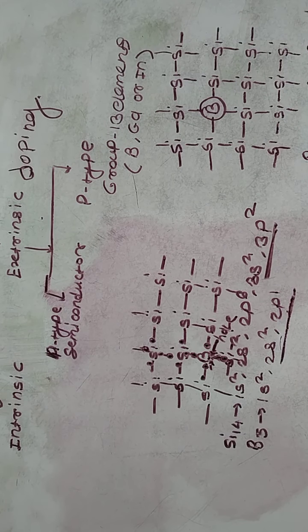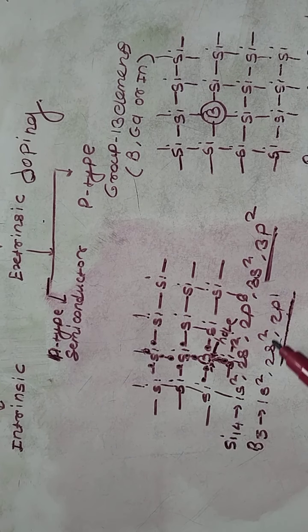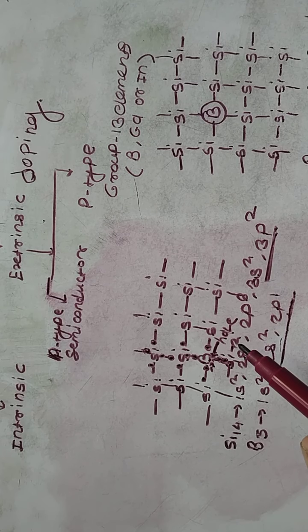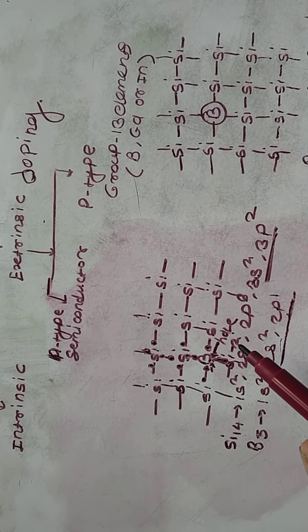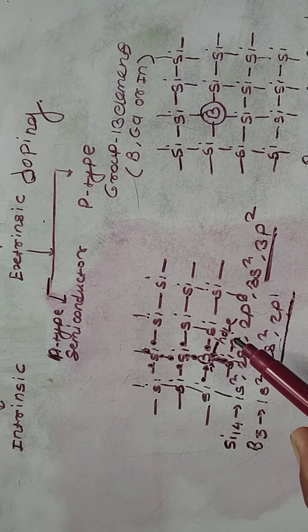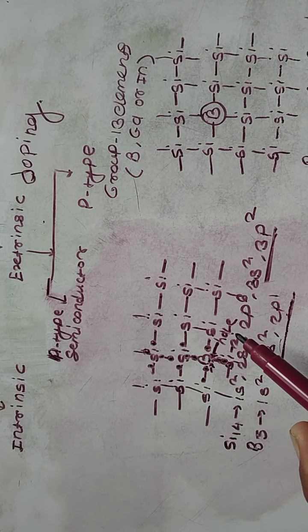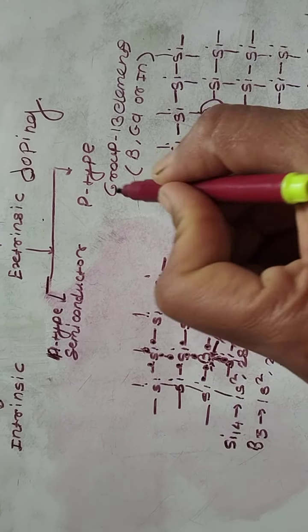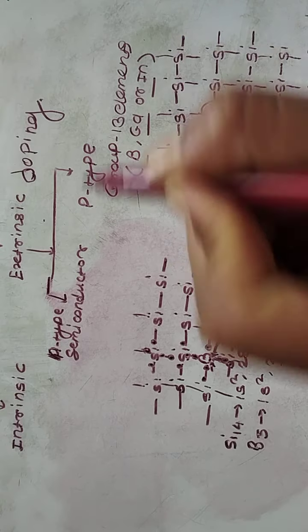Simply, how can a p-type semiconductor form? A p-type semiconductor is produced by doping a pure semiconductor material, like silicon or germanium, with an impurity of group 13 elements like boron, gallium or indium.